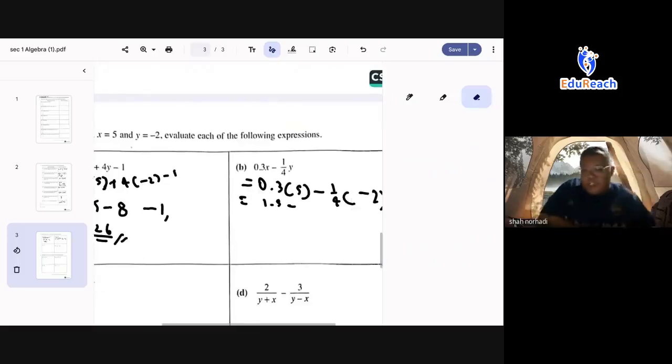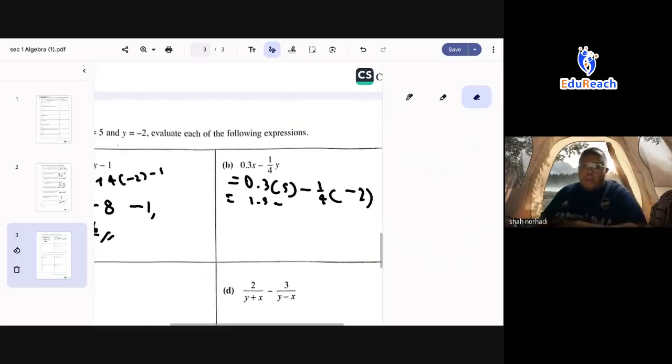So when you take minus 1/4 times minus 2, your answer would be a positive value.